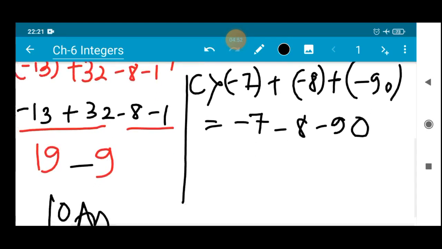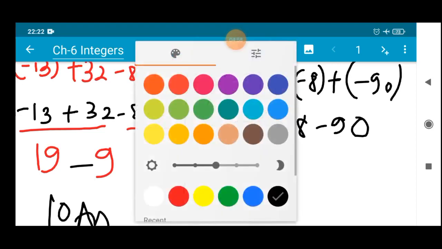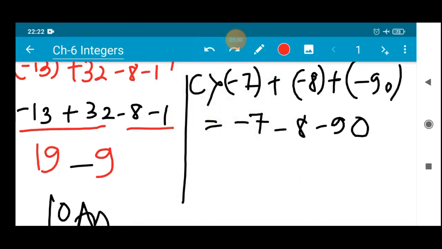There are only 3 numbers, so the pair cannot be made with all of them, but whichever numbers we can, we make the pairs. Minus 7 minus 8, minus minus is plus, so 7 plus 8 is 15, but the sign will be minus, because 8 is a greater number compared to 7 and 8 is carrying a negative sign.